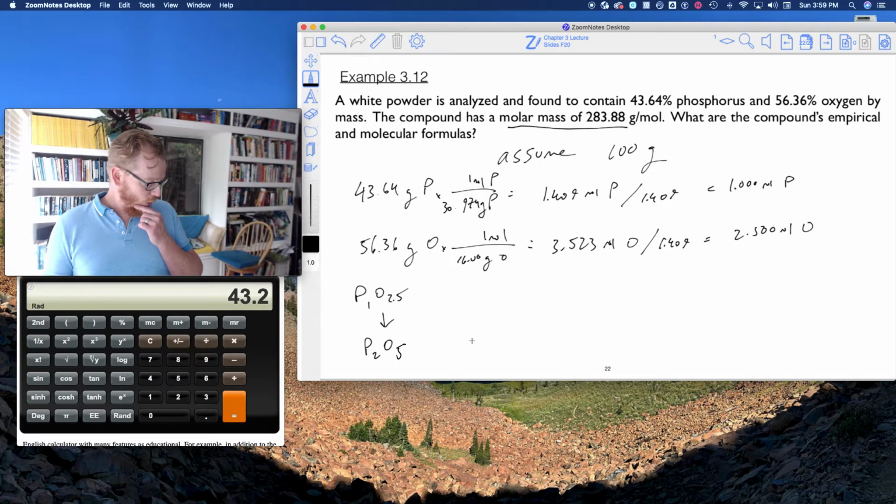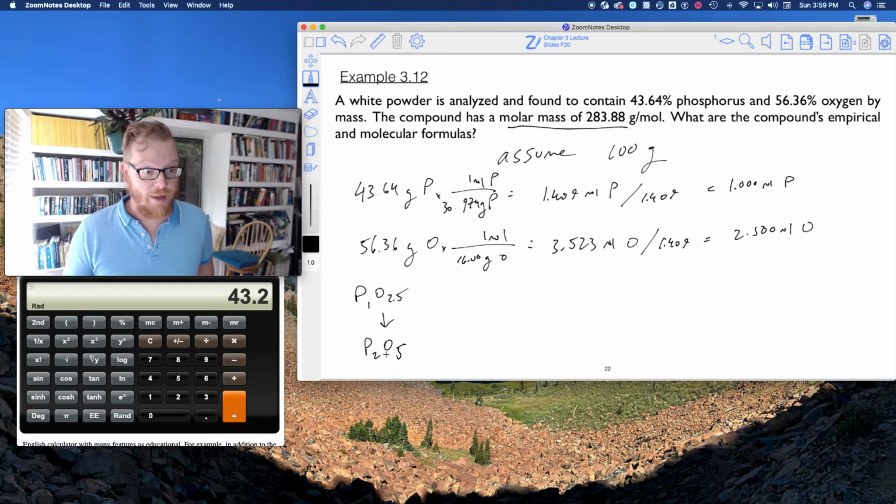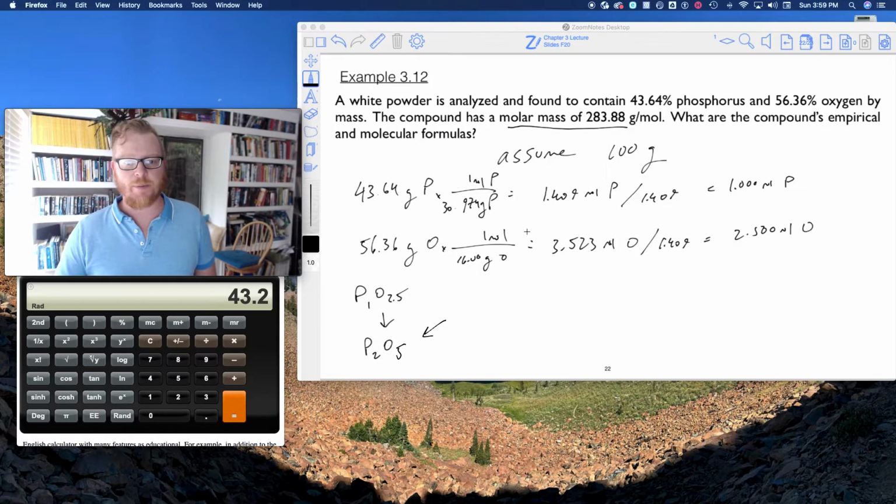Okay, so the way I find out is by calculating the molar mass of this. The molar mass of P2O5 I can calculate by saying 2 times the mass of phosphorus plus 5 times the mass of oxygen.